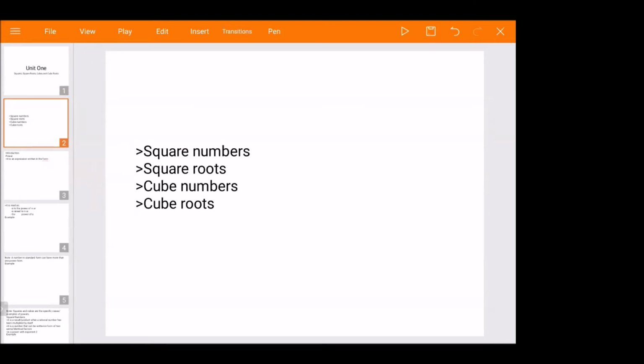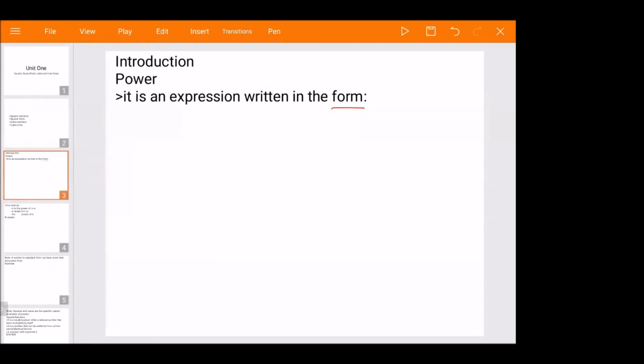So before we define what square numbers are, let us first say something about powers generally as an introduction. We can define power as any expression written in this form.